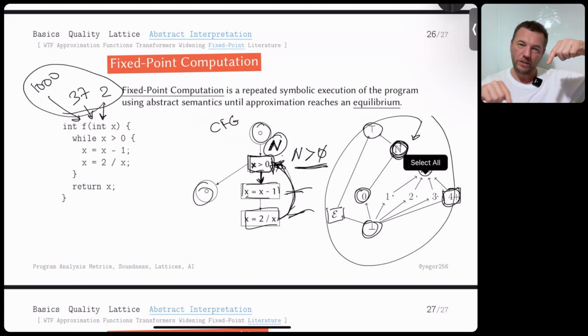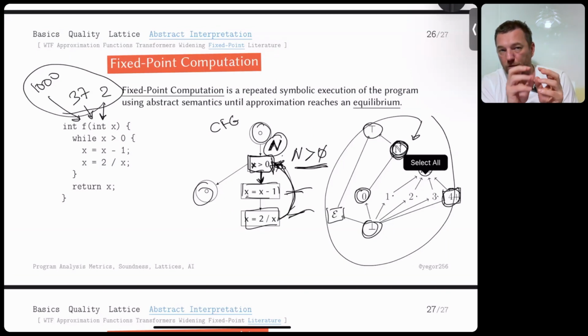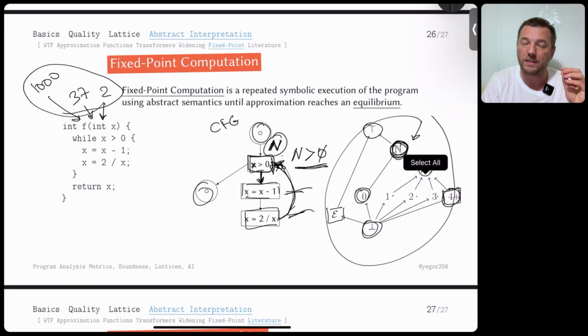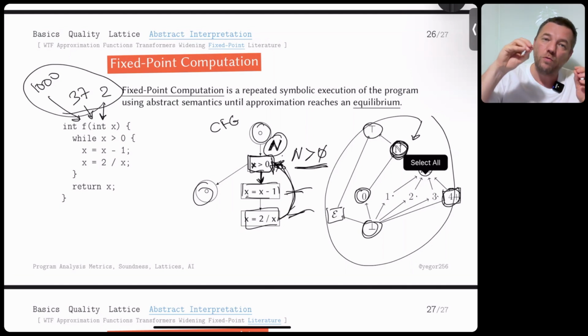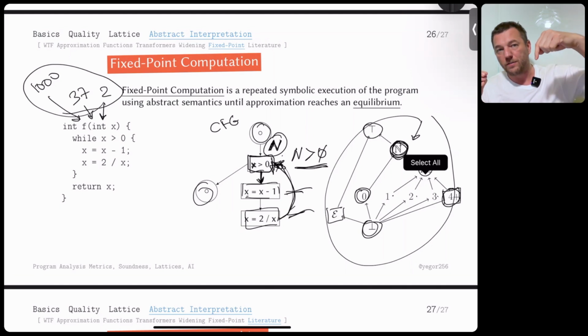Then we return using this loop line into the same block with something else, an abstract value which we already calculated using abstract semantics. So we return with a new abstract value, and we have another abstract value which was there before. So we put them together and we join them.